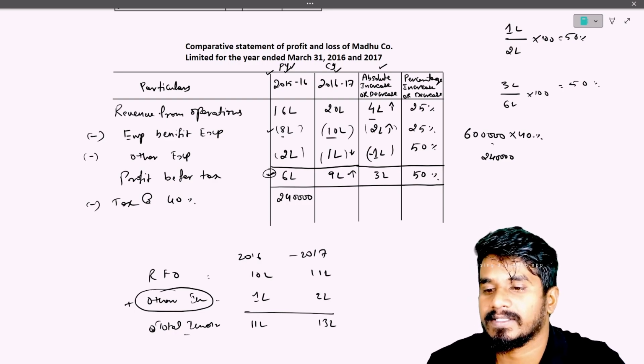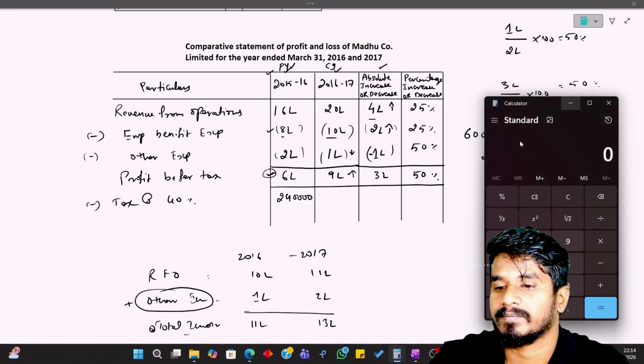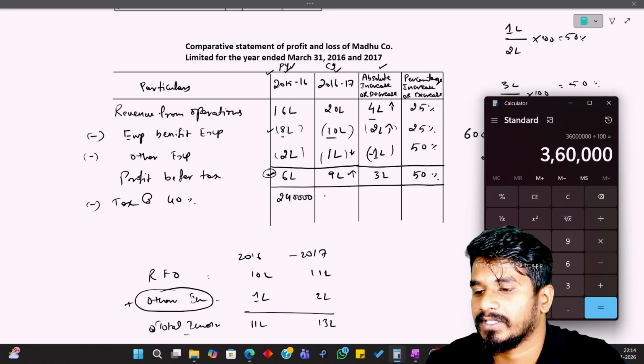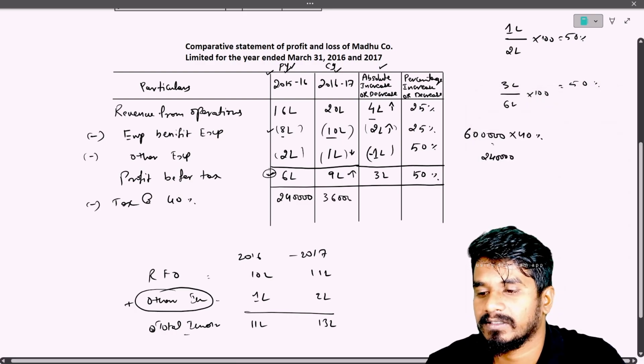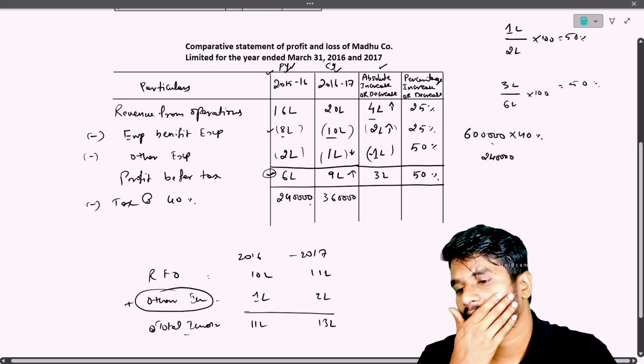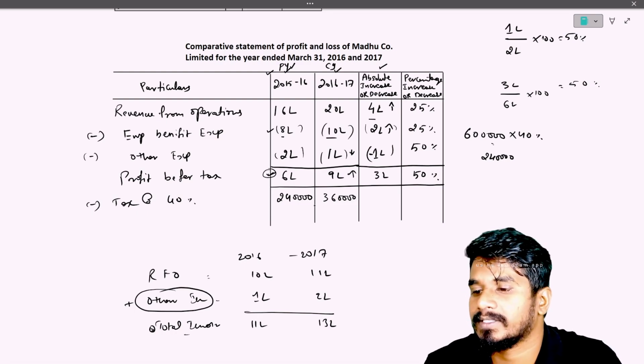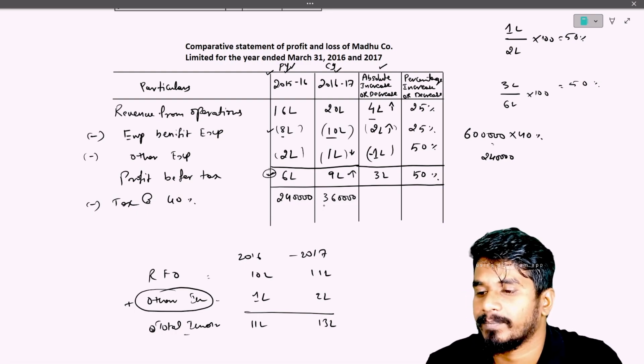And for 9 lakhs, how much is it? 9 lakhs into 40 divided by 100, so 3 lakh 60,000 tax amount. Here we need to find out how much the amount changed.